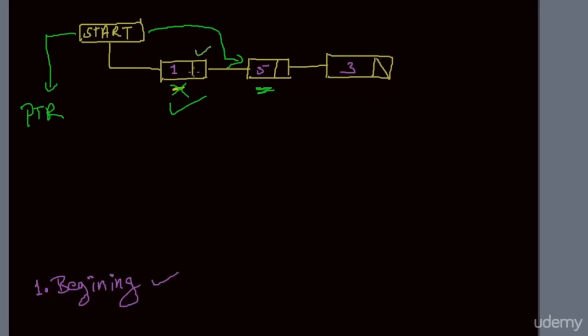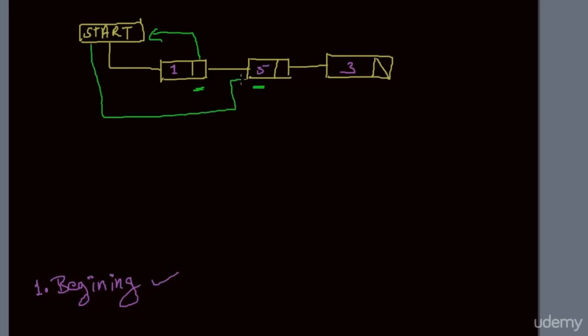The second thing we will do is, as the link part of this node contains the address of node 2, we would copy the link part of node 1 to start. What would be the result? If I copy the link part of the first node to start, and the link part of the first node contains the address of the second, then obviously start will start pointing to the second node. I hope I have made myself clear.